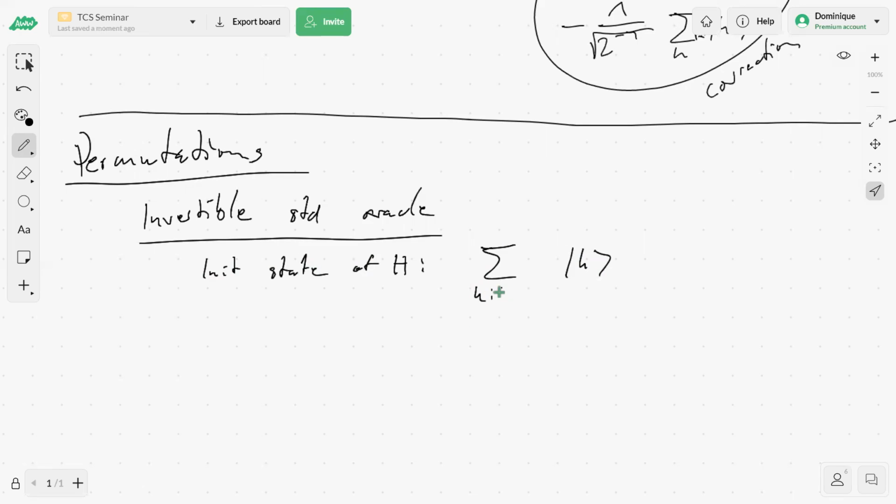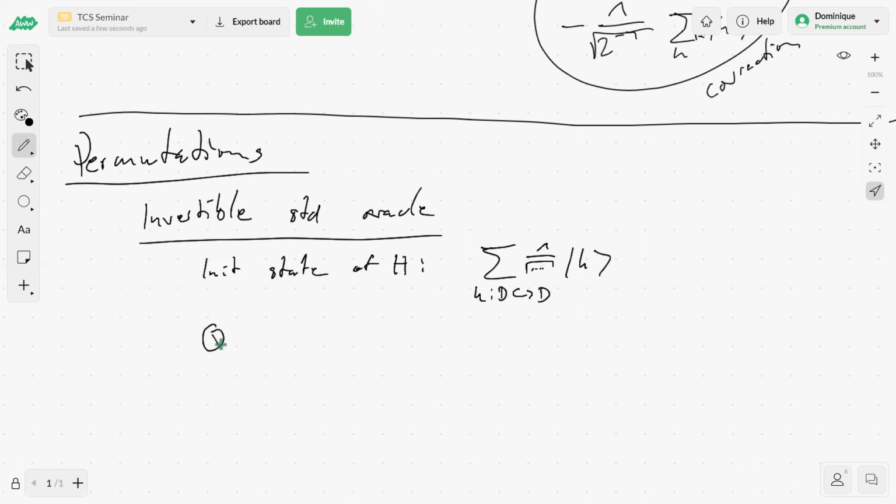But now it's just the superposition of all permutations from d to d, divided by how many there are. So this is the initial state. It's not initialized with a random function, it's initialized with a random injective function, or if input and output domain are the same, a random permutation.